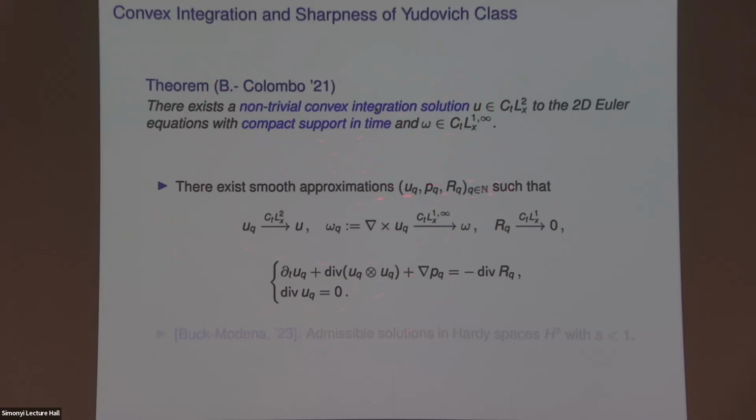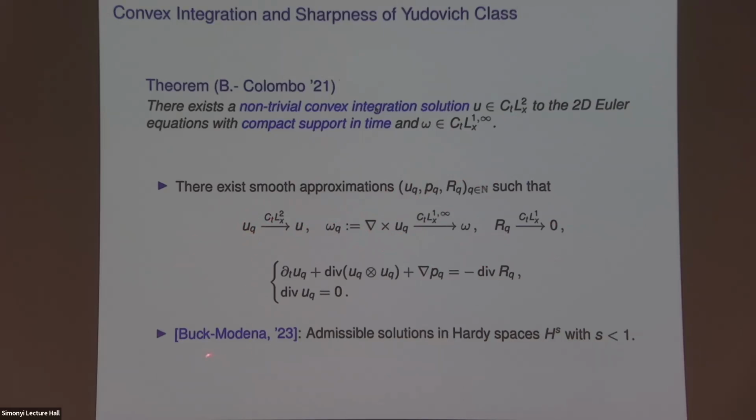We have this smooth approximation coming from the iteration in the convex integration scheme, and we can control the L2 norm in space uniformly with respect to time. We can control the error, which goes to 0, and we can control the vorticity, but just in weak L1, not in L1. We get some limit in weak L1, but it's not even clear what the meaning of this limit ω is.